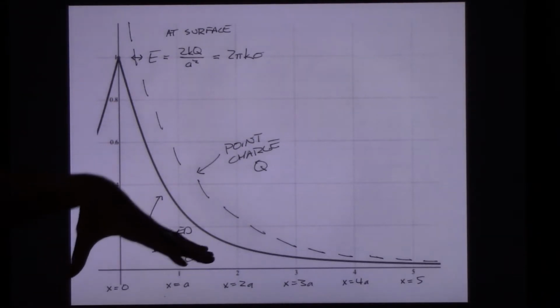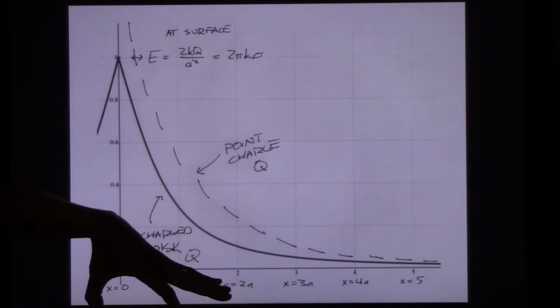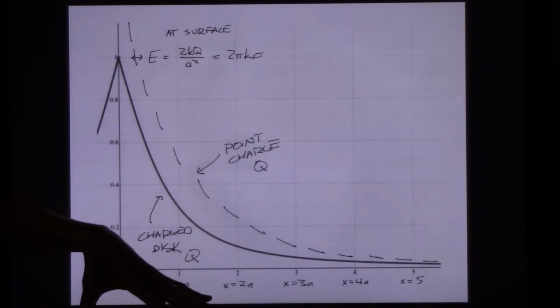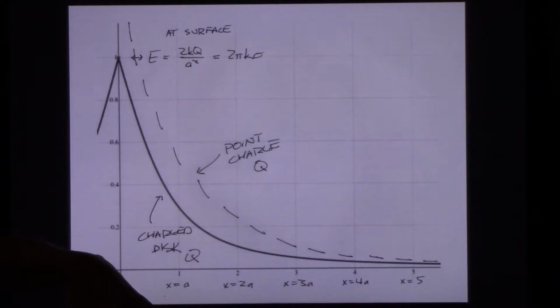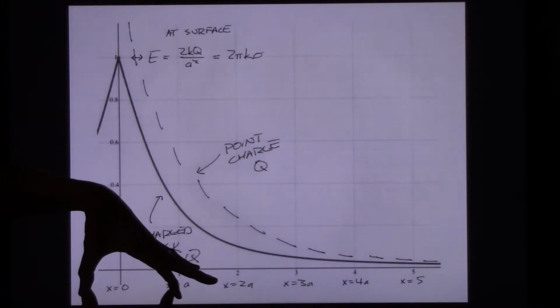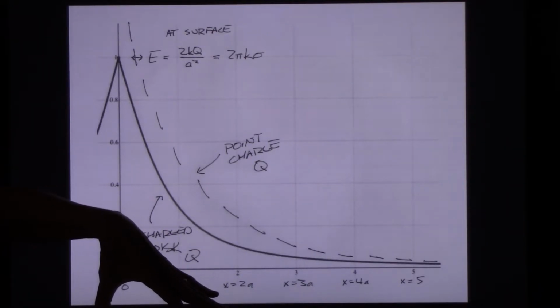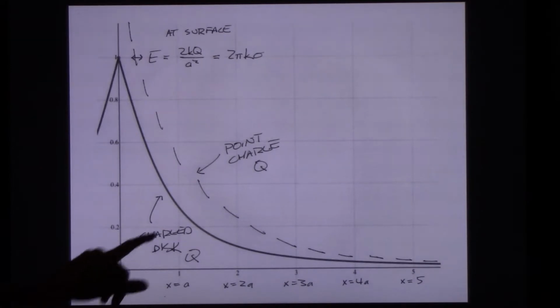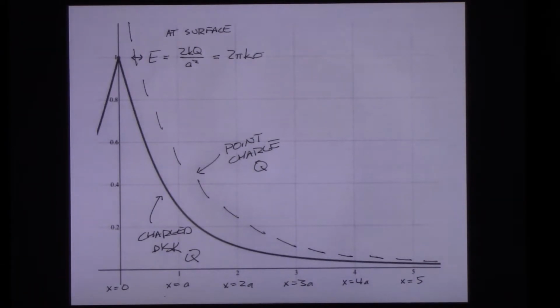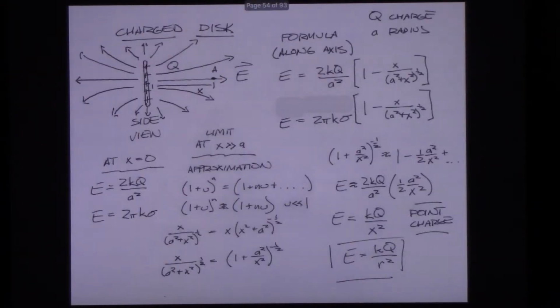If I took a 10 centimeter disk, the radius a would be 5 centimeters. So if I come 5 centimeters away from it, the E field has dropped to 30% of its peak value. That's a really rapid drop-off.